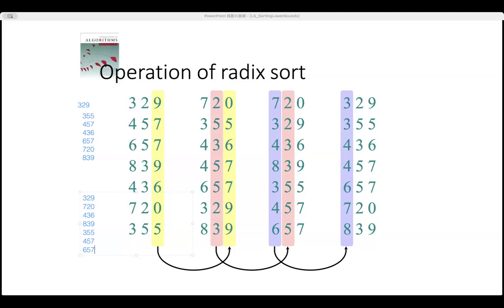Actually, at this moment, we don't need to continue anymore. Why do I say that? Think about this. When you do the sorting from right side to the left side, at the conclusion of the first loop, the first digit has been done.